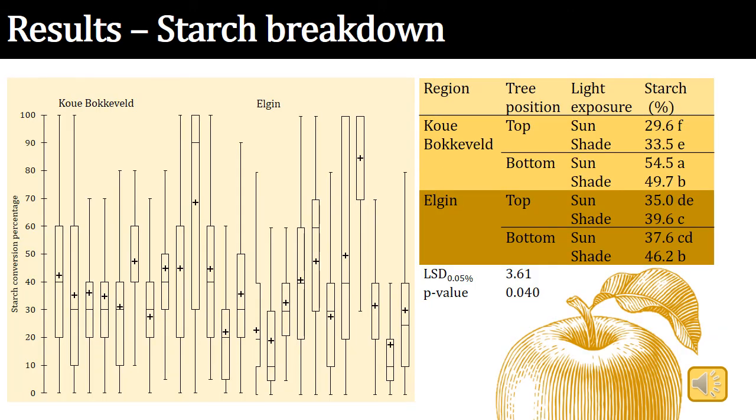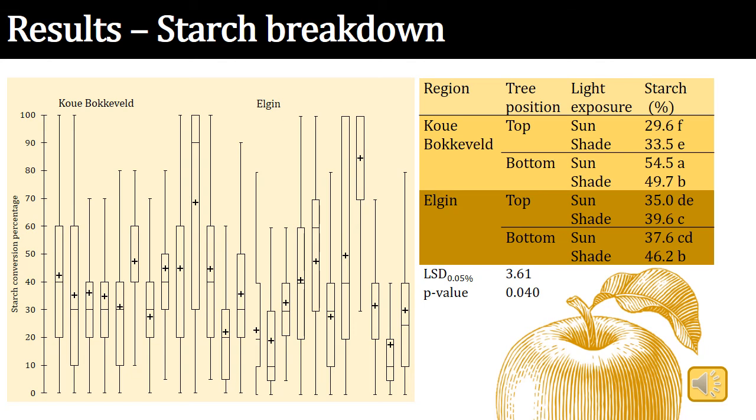For the starch breakdown parameter, we saw that orchard differences contributed heavily to the overall fruit variability. To investigate this further, I am presenting to you on the left-hand side the starch breakdown results from the individual orchards. The box in each plot shows the percentage starch breakdown of 50% of the fruit from that specific orchard.